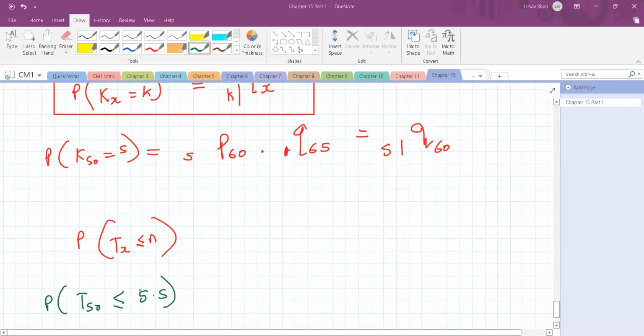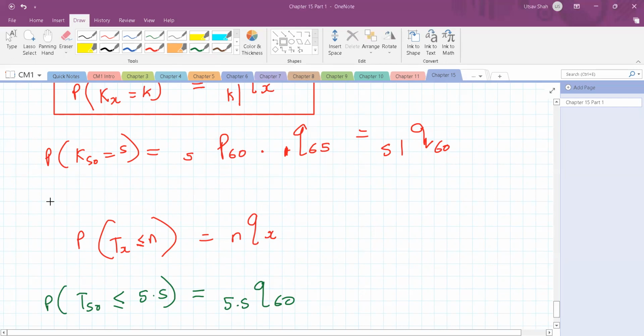What is the probability that he dies before surviving for 5.5, or surviving a maximum of 5.5 years? Simply 5.5 q50. He dies within 5.5 years. So in short, P of Tx less than or equal to n becomes nqx.